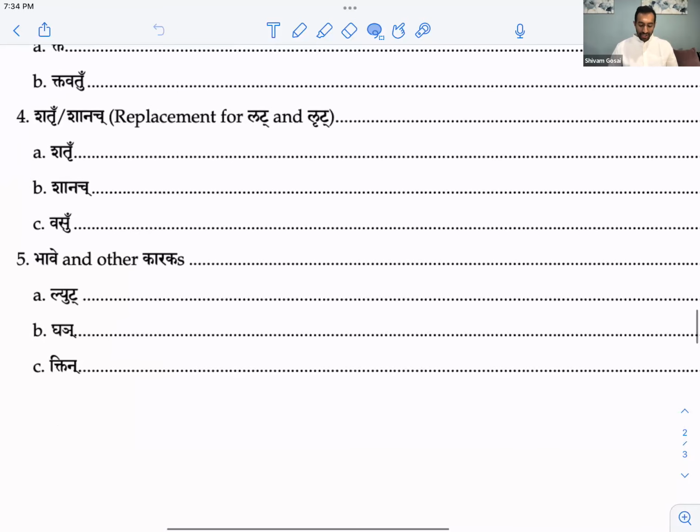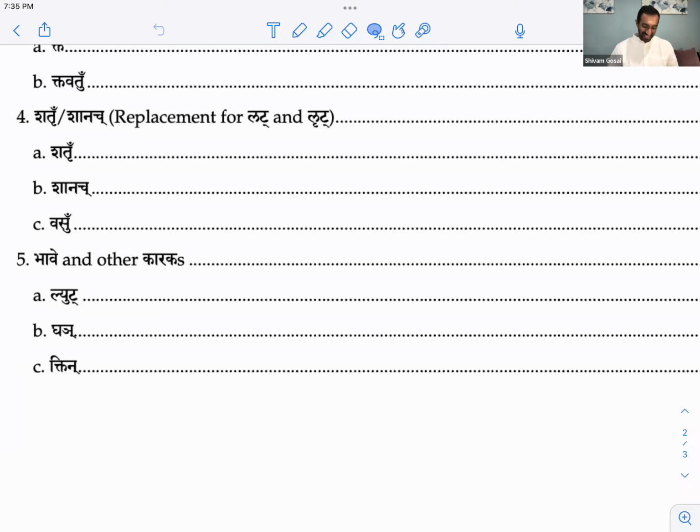Last time we were seeing Shatrushanach for some time, and now we're moving on to Bhave and other Karakas. So I don't think we need to necessarily go back and look at Shatrushanach. We spent some time there. And we can continue on to Bhave and Karaka. So this is a fresh start. It feels like we're starting the whole new year now.